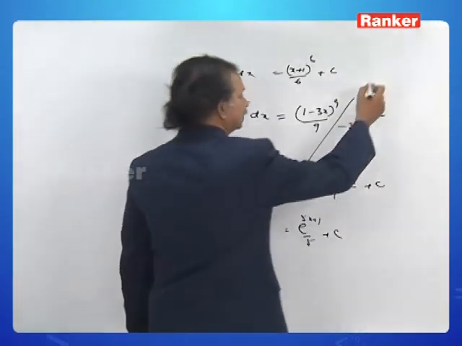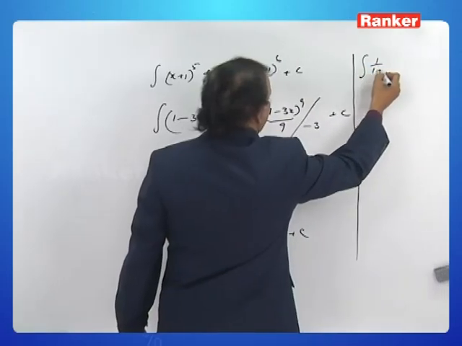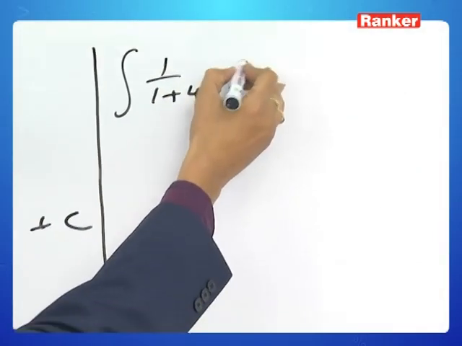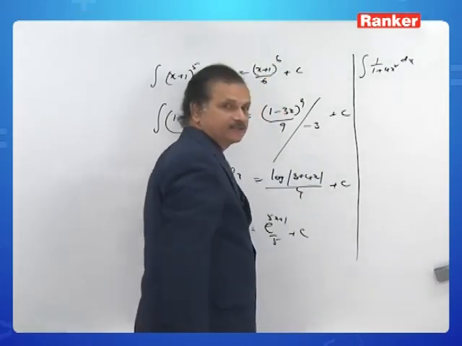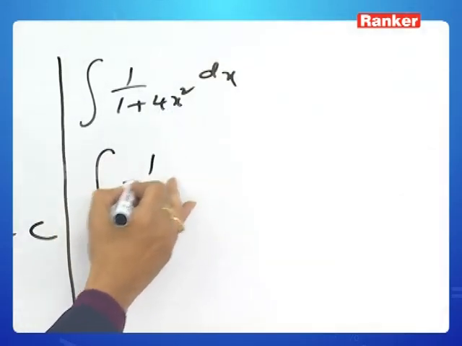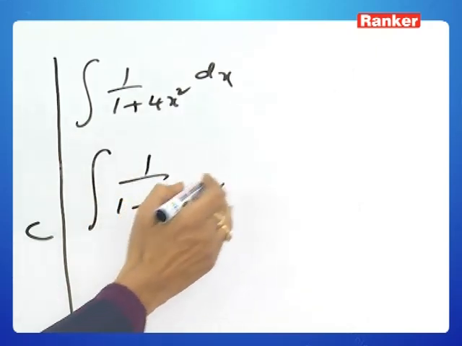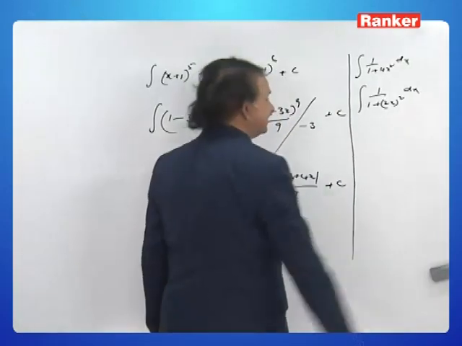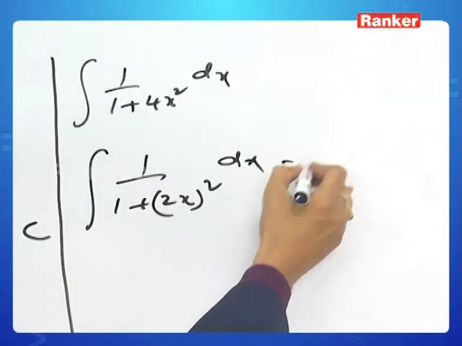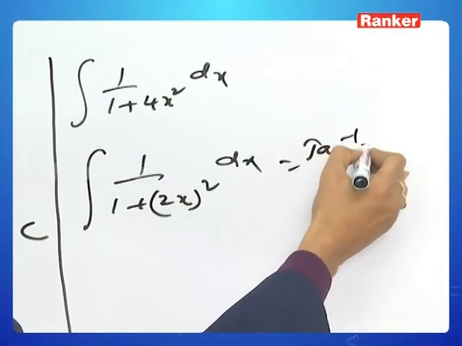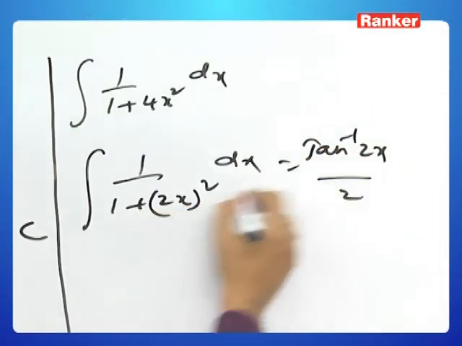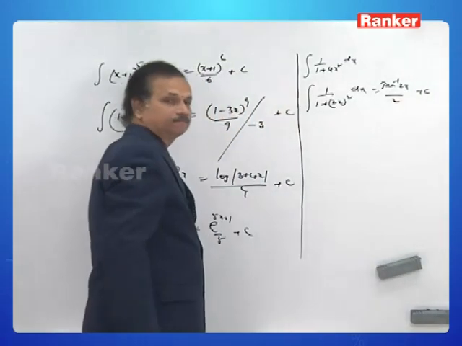Just like that. Integral of 1 by 1 plus 4x square. How can you get it? This is integral of 1 by 1 plus 2x whole square, like 1 by 1 plus x square. What is the answer? Tan inverse x. Hence, this is tan inverse 2x by the derivative, 2, plus c.